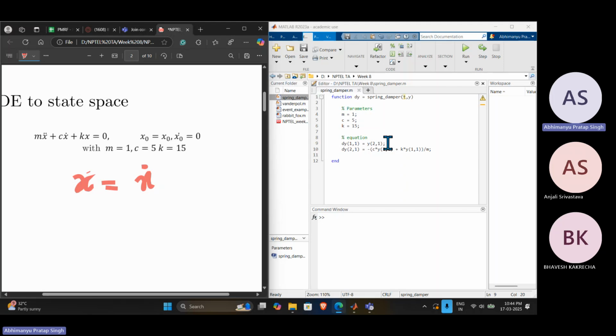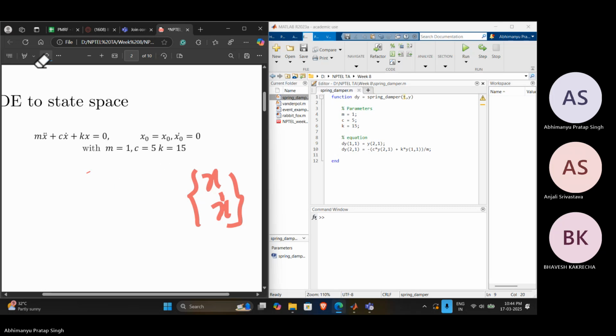Which in this case is the second one. So my x vector has the first variable x and the second is x dot. And the A matrix we just saw: the first term was 0, and then the second term was 1, and here it was minus k by m, and this was minus c by m.